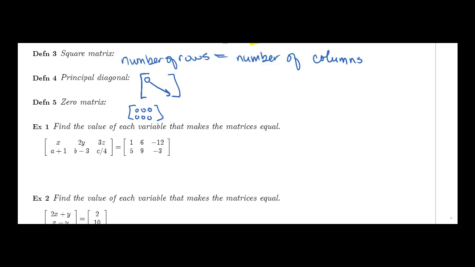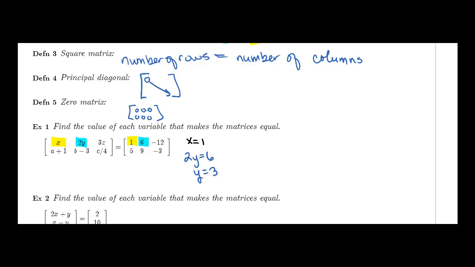So example 1 here, we have a few matrices. We have 2 matrices that are set equal, and when 2 matrices are set equal, we can set each individual item equal to each other. So for instance, x is equal to 1, so we can figure that one out pretty easy. Similarly, we can kind of go through. 2y is equal to 6, so if 2y is equal to 6, then we know that y is equal to 3.